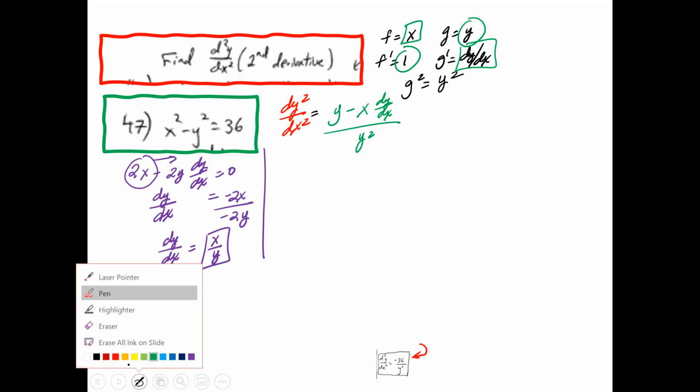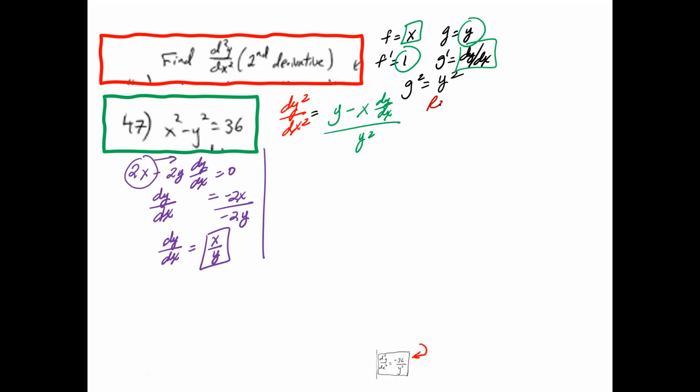And again, you are going to replace the dy over dx, which is equal to x over y. So I'm going to go ahead and replace this part right here with y minus x times x over y.